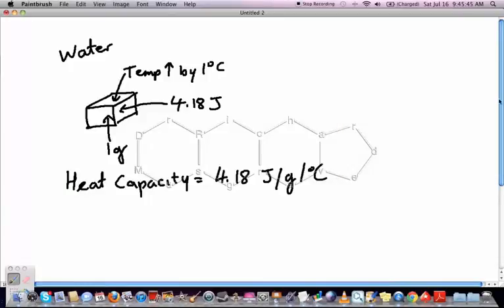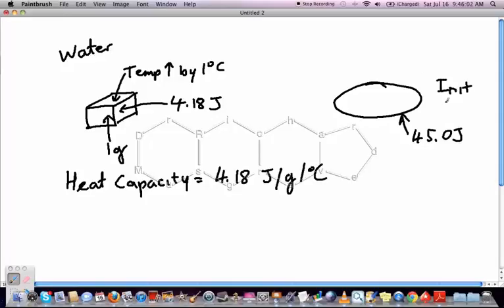So what's happened in picture form here is that we've got a copper ring and the copper ring has absorbed 45.0 joules. Initially it's at 20.0 degrees Celsius, and it also weighs 10.0 grams, and we also know its heat capacity, so we can tell what's going to happen after the 45.0 joules goes into the copper ring.